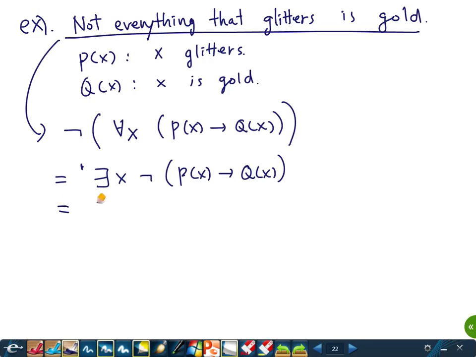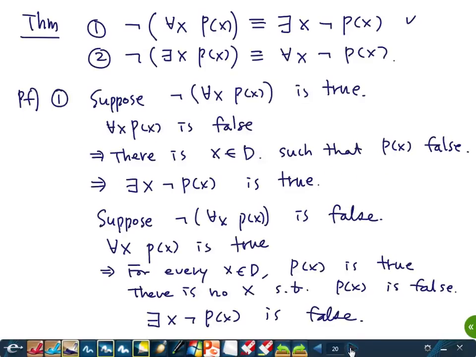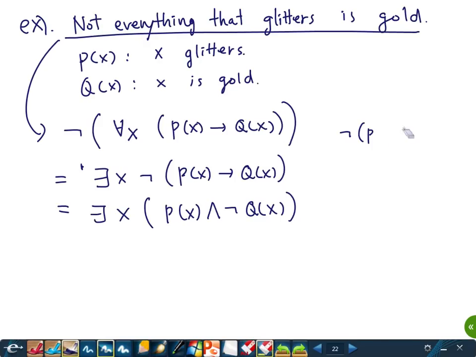In fact, this is equivalent to: there exists x such that P of x but not Q of x. These two are equivalent. You can show that. Not, if P then Q is equivalent to P and not Q.